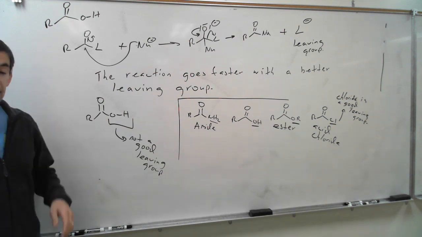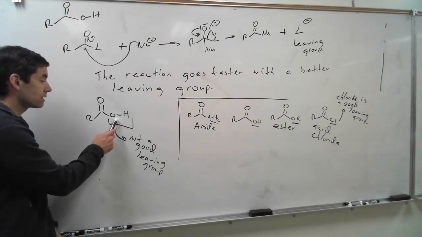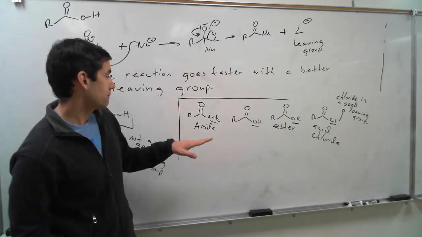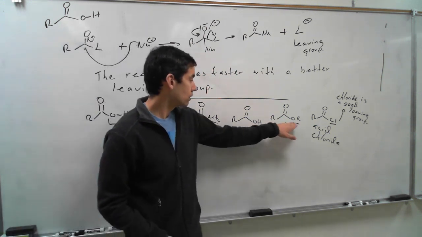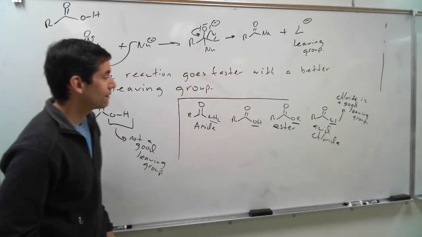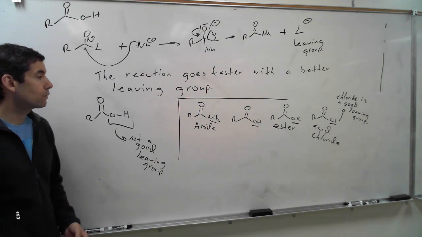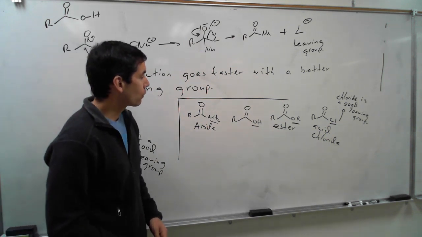So we have to take into consideration that the OH group is not a good leaving group. As we look at the different derivatives of a carboxylic acid, NH2, OH, OR, and Cl, the reactivity is going to be different, the reagent is going to be different, the reaction is going to be different. That's what we'll look at, and we'll focus on each one.